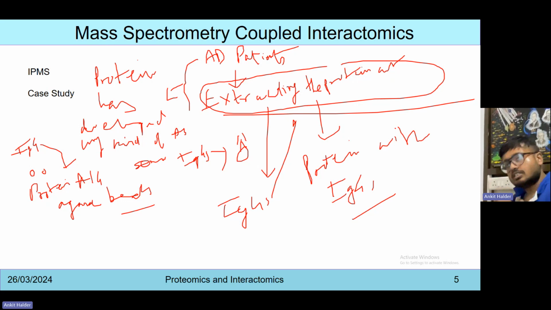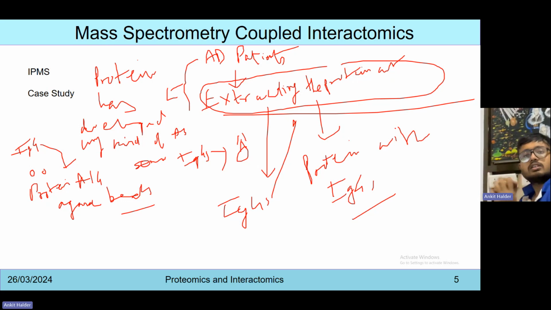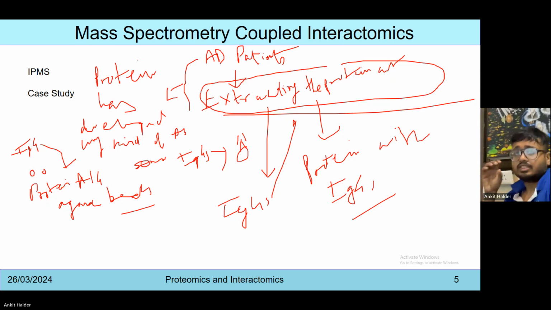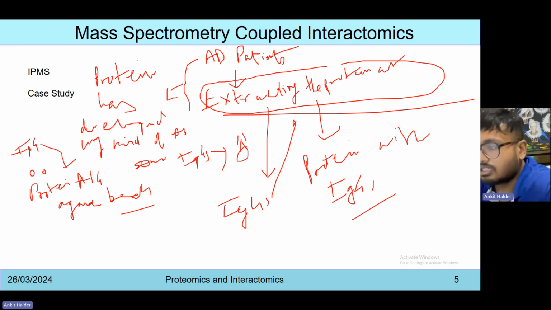So you will be extracting the protein out, getting the autoantibody markers, and finally visualizing the interactors in the gel, and then you will be getting the proteins out.